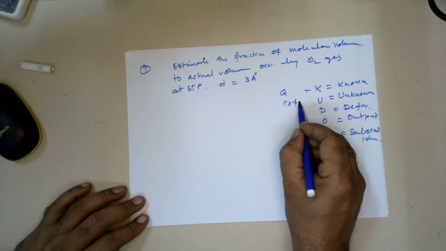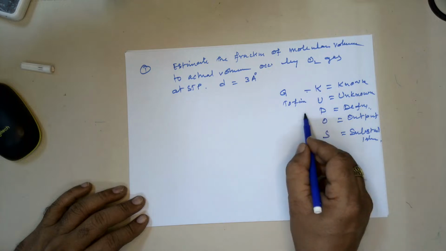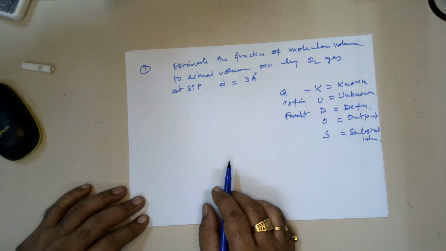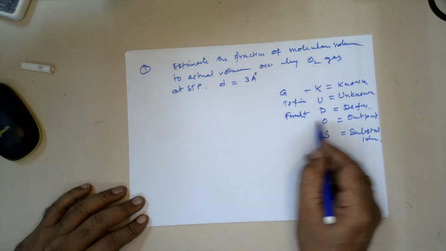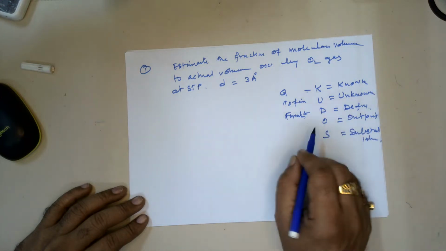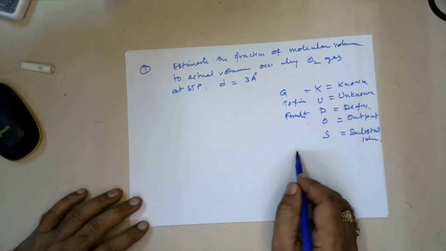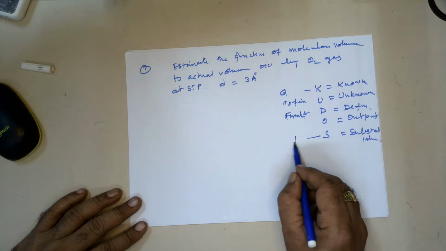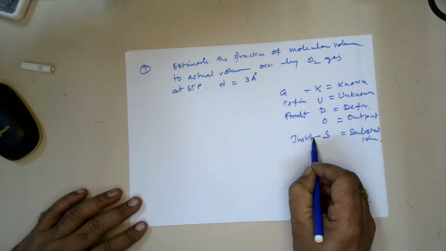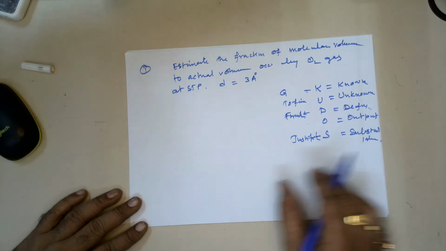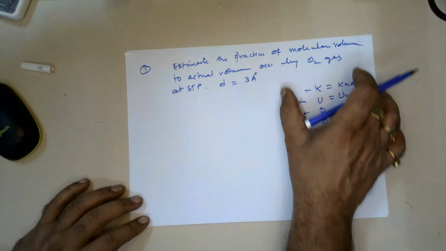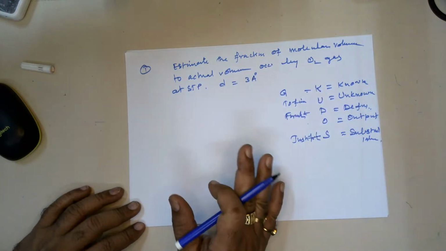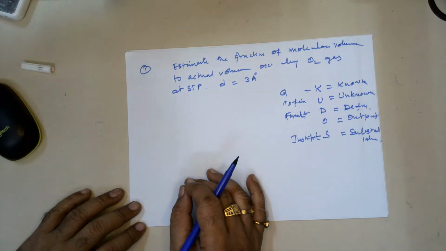D is the required formula or theorem or equation. O, you have to substitute and get it, rearrange, and substitute the values. Substantiation means you have to justify your answer with the appropriate unit. So all these steps should be very clear when we solve any problems, whether it is physics or chemistry or mathematics.